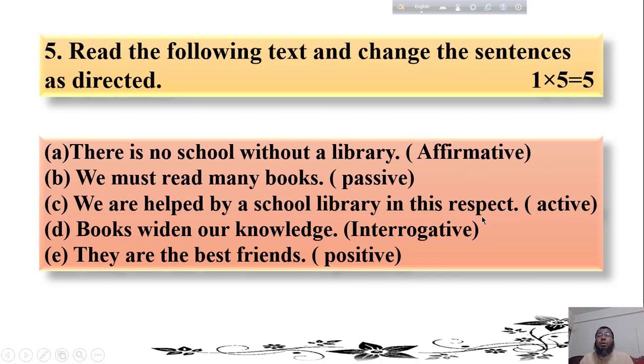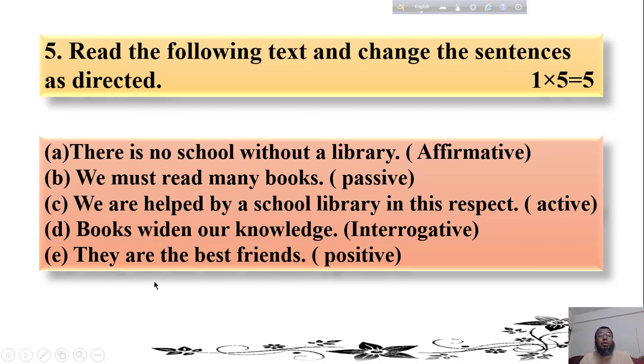The instruction is here affirmative. We must read many books, and the instruction is here passive. That means voice change. We are helped by a school library in this respect. Make it active. Books widen our knowledge, and the instruction is interrogative.